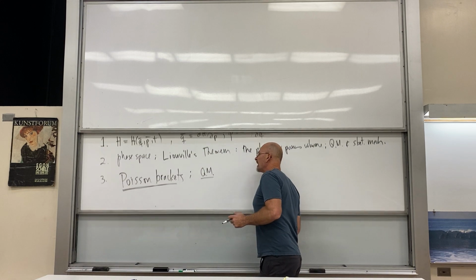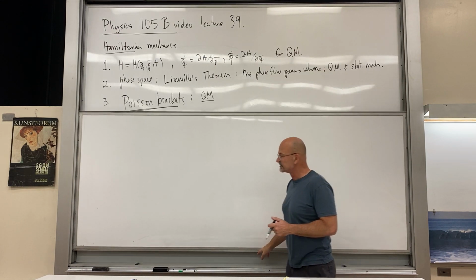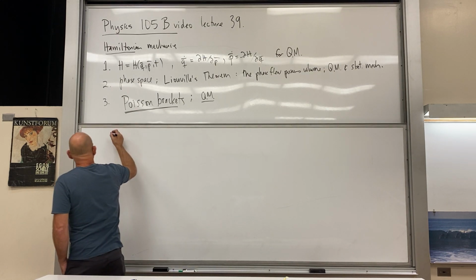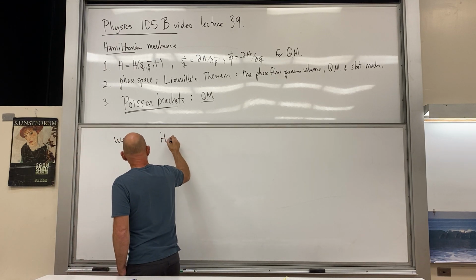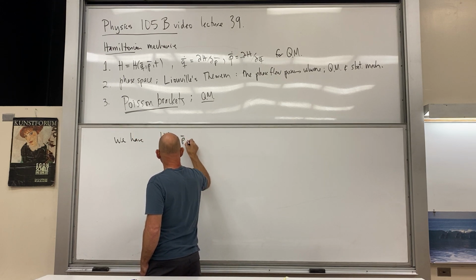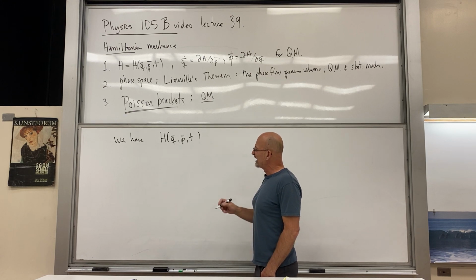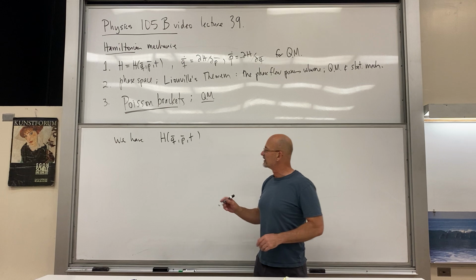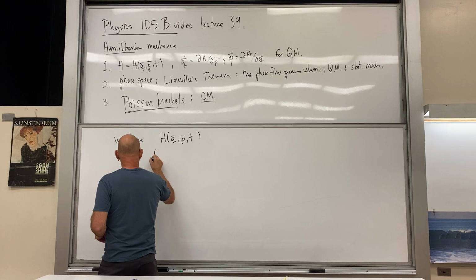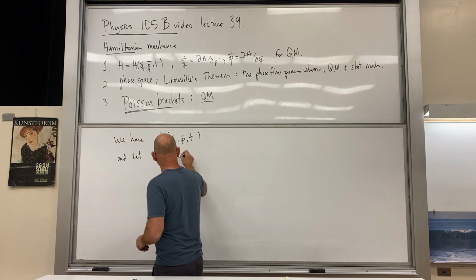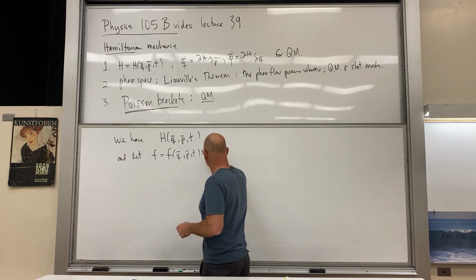So let's have a go at it. We just assume that we're working with a Hamiltonian system. So for Poisson brackets, we have H of Q, P, and T. Now we'll consider some function of the coordinates and momenta, and let F equals F of Q, P, and T be a function of the coordinates and the momenta.